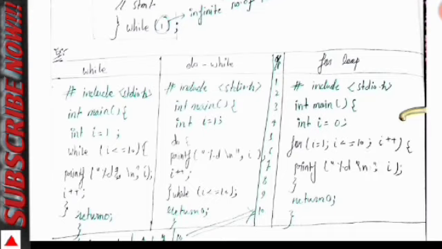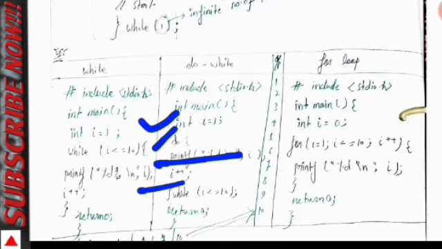Now come to the do while loop. After using the do while loop, we know that initialization is before the do keyword, and before giving the condition and iteration, at the end we give the condition.